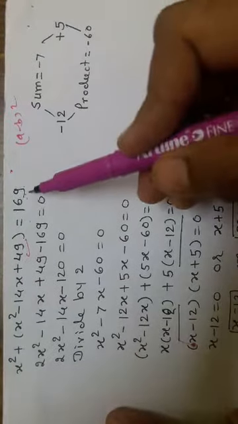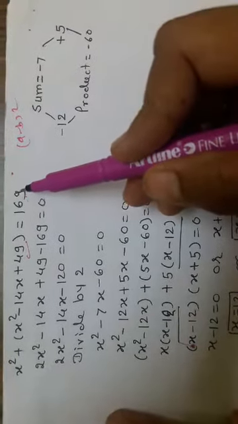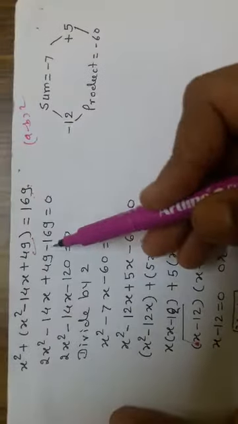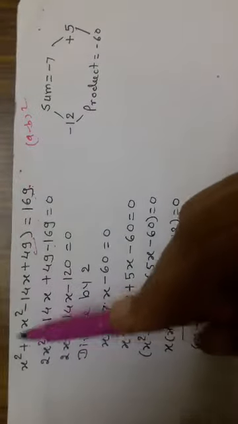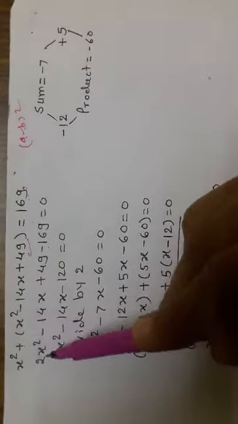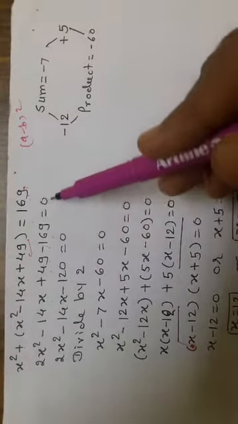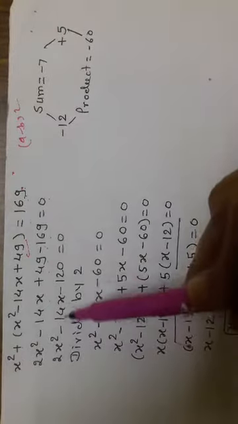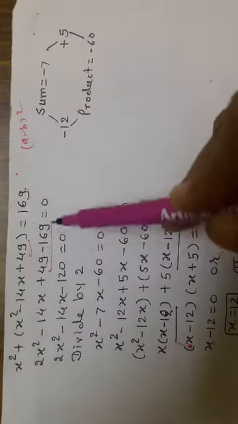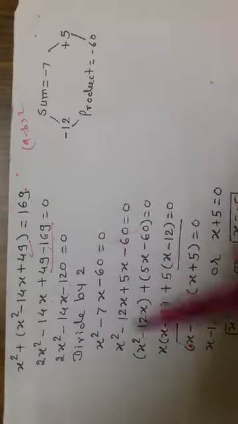Now on the right hand side we want 0, so this 169 we shift to the left hand side. x square plus x square is 2x square, minus 14x plus 49 minus 169 is equal to 0. 2x square minus 14x, this subtraction gives minus 120, which is equal to 0.